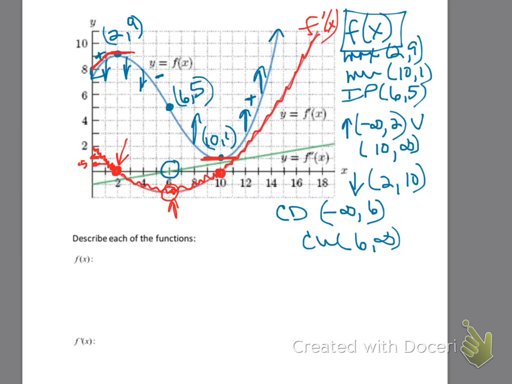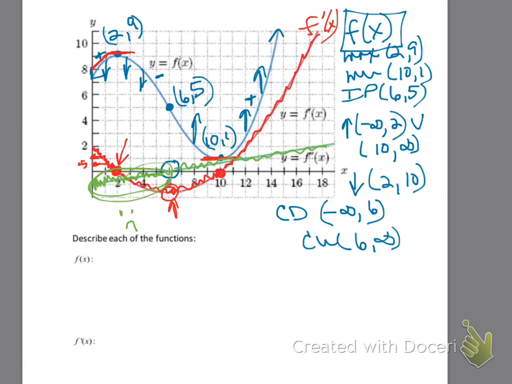Let's look now at my second derivative. So my second derivative is the green one. What do I see? Well, the second derivative tells me about concavity. So I see that my second derivative is negative all here, because I'm reading off the y-axis, and then it's positive all here. So what does that tell me? In this area right here, it's negative.